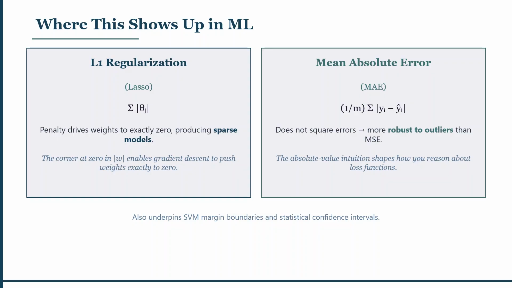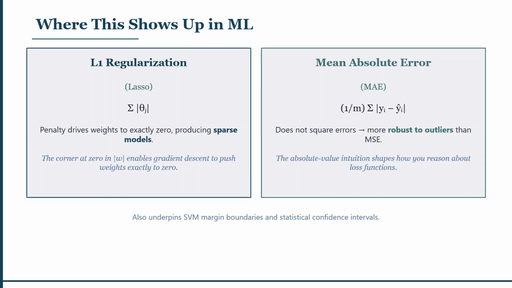The result is a sparse model. Most features end up with weight 0, leaving you with a small, interpretable subset. The key property: the corner at 0 in the absolute value of w has a discontinuous derivative, and that corner is what lets gradient descent push weights all the way to zero rather than just close.